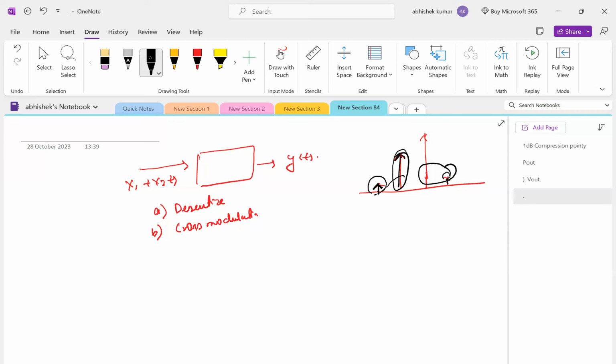You will not get any output. That is known as desensitization of your system. If you have any doubt, then ask me. Do you have anything to ask? Okay.